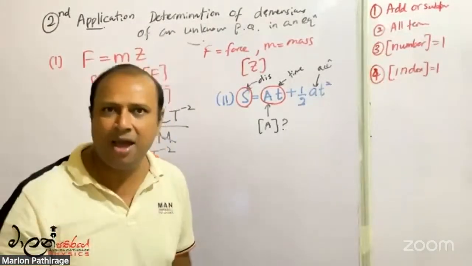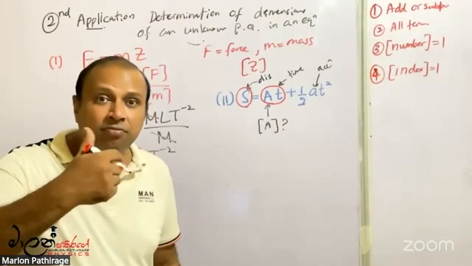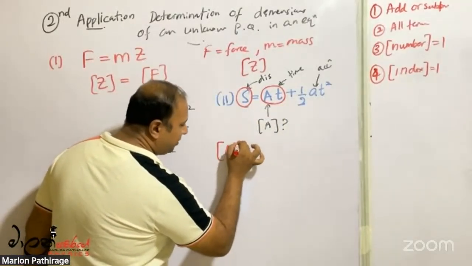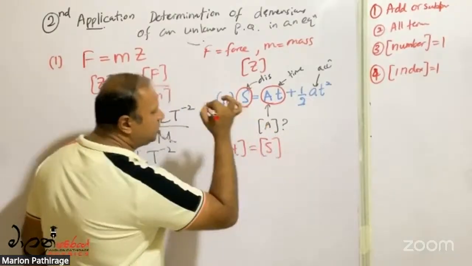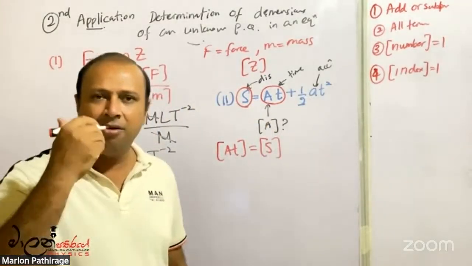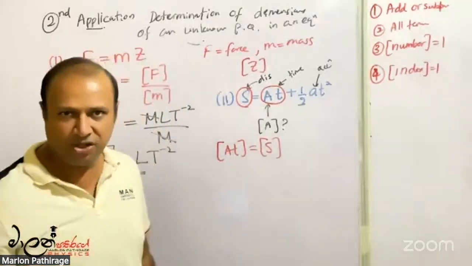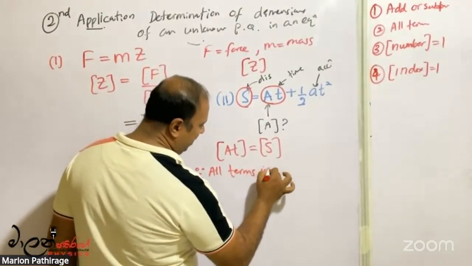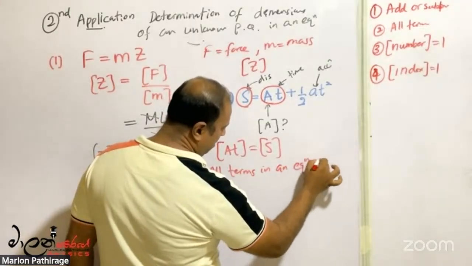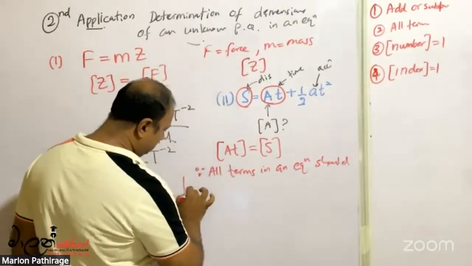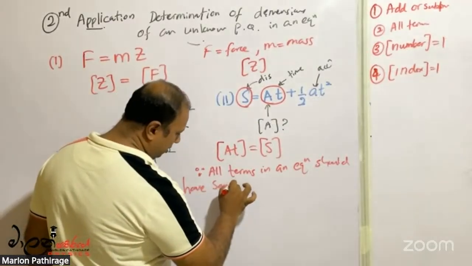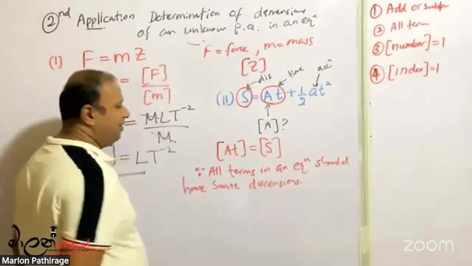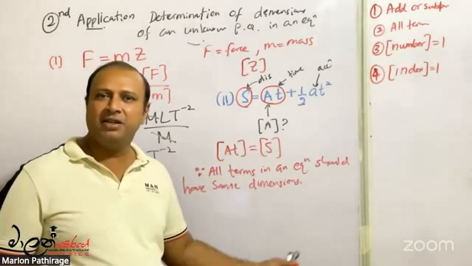Therefore, from that argument, I can build a relationship. Dimension of AT should be equal to the dimension of displacement, because all the terms in an equation should have the same dimension. Now you can subject it.